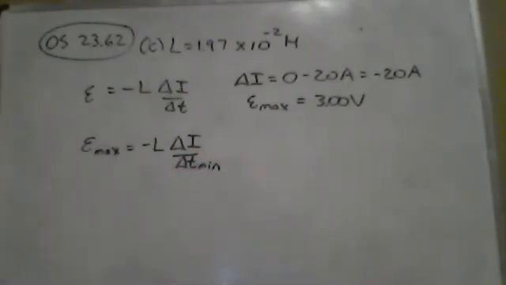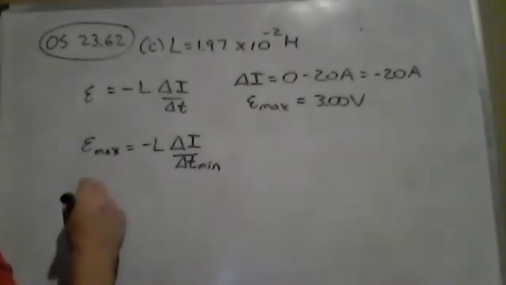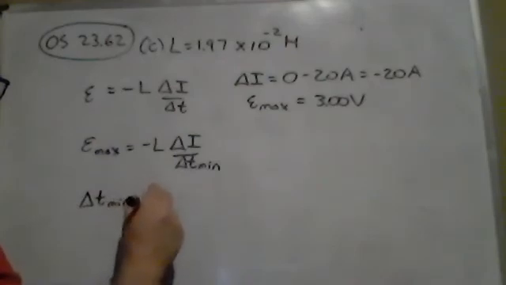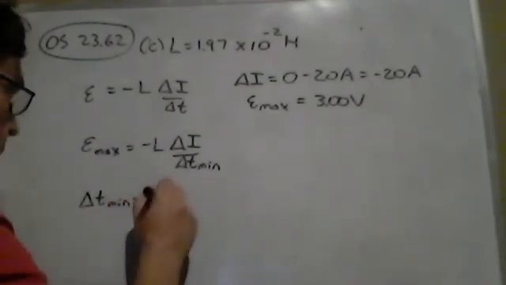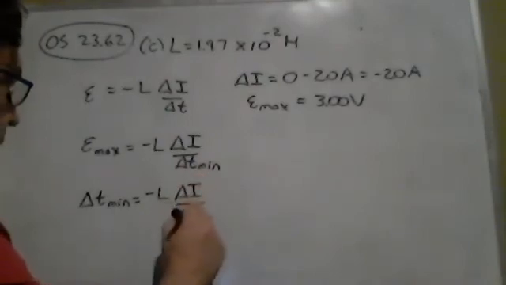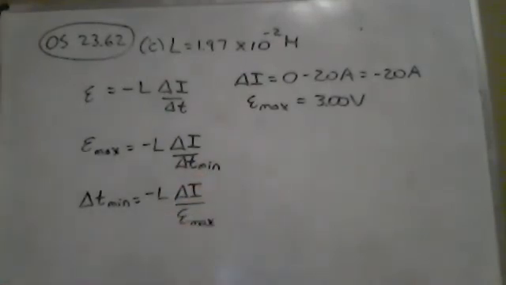So I'll just basically change partners here. Delta T min is negative L delta I over epsilon max, the maximum self-induced EMF that I'm willing to allow in my design.